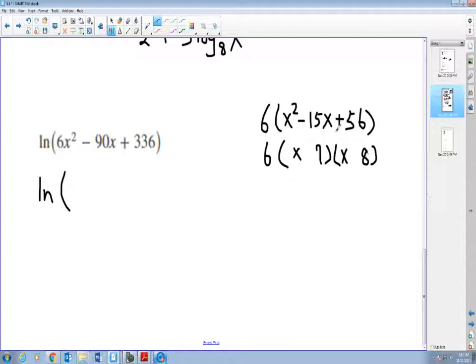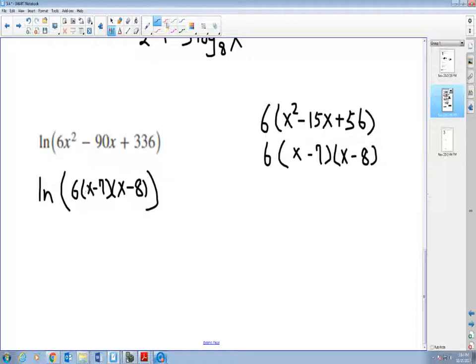Since the last sign is positive, my 2 signs are the same, and both of them got to be negative. So they can add, so my inner and outer can add up to be negative 15. So inside this parenthesis will be natural log of 6 times x minus 7 times x minus 8.